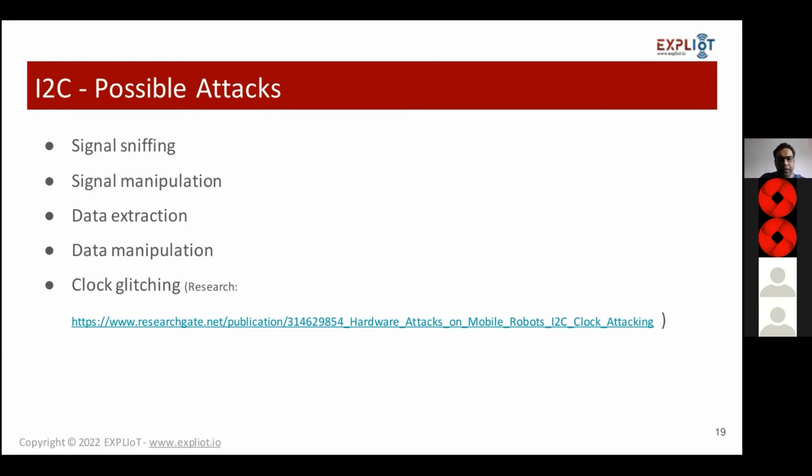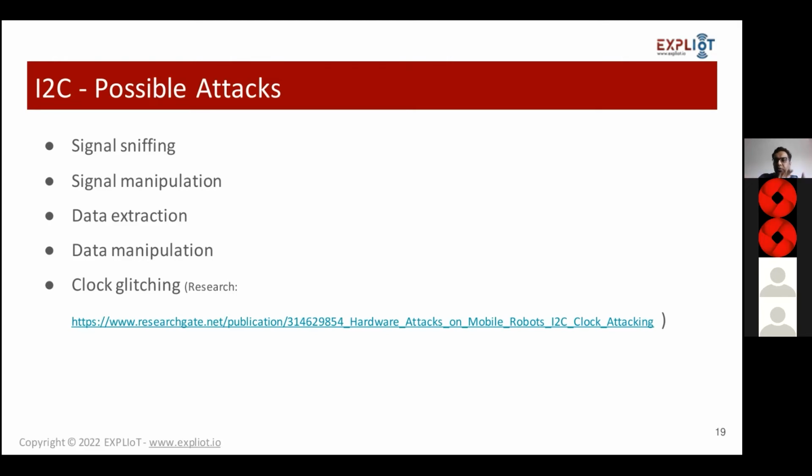That is possible. Then there are certain peripherals that come with I2C, like memory chips, where you are storing data in an EEPROM and communicating at those addresses. There, if you desolder that particular memory and try to extract either the firmware or data from it, that way you can also attack the I2C peripheral itself.